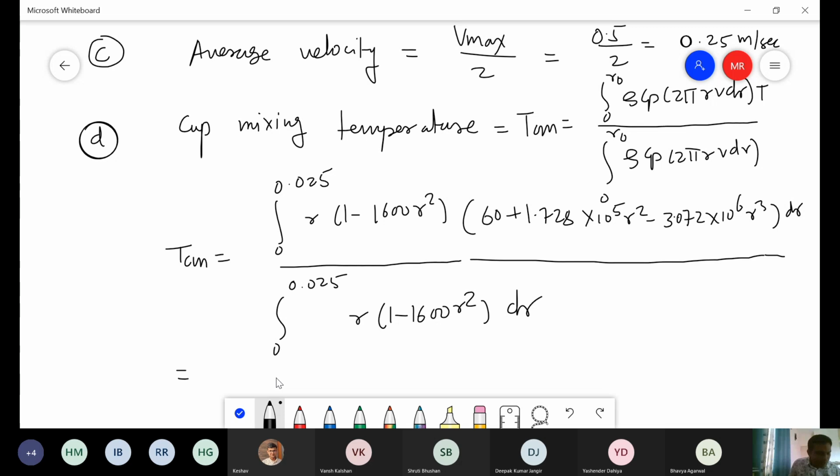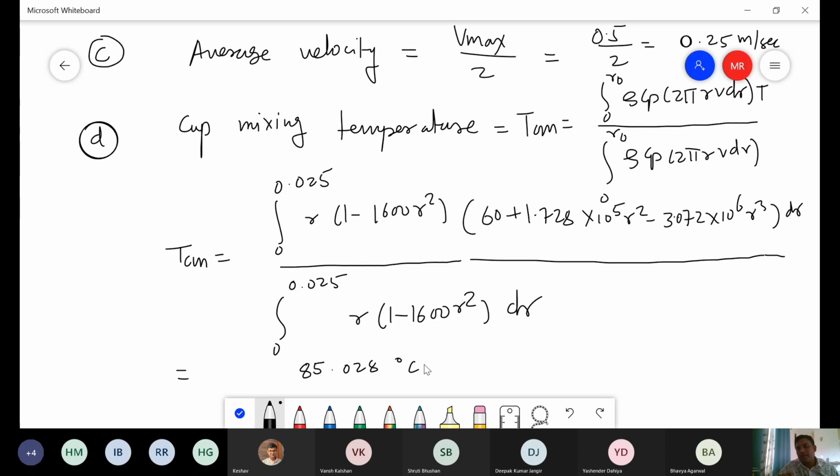Just check whether it is correct or not. I am not sure, but this should come around 85.028 degrees Celsius. Just check whether you are getting the same answer or some other answer. In some calculators you can calculate the integral directly.